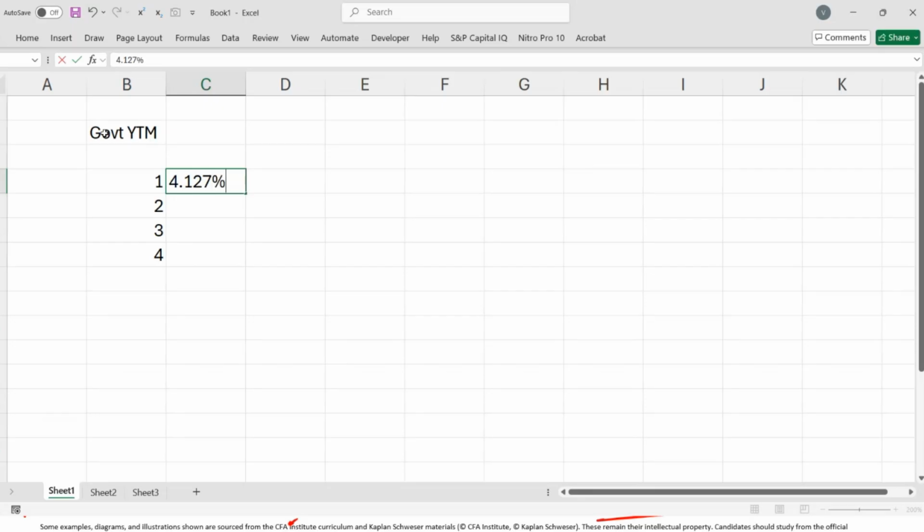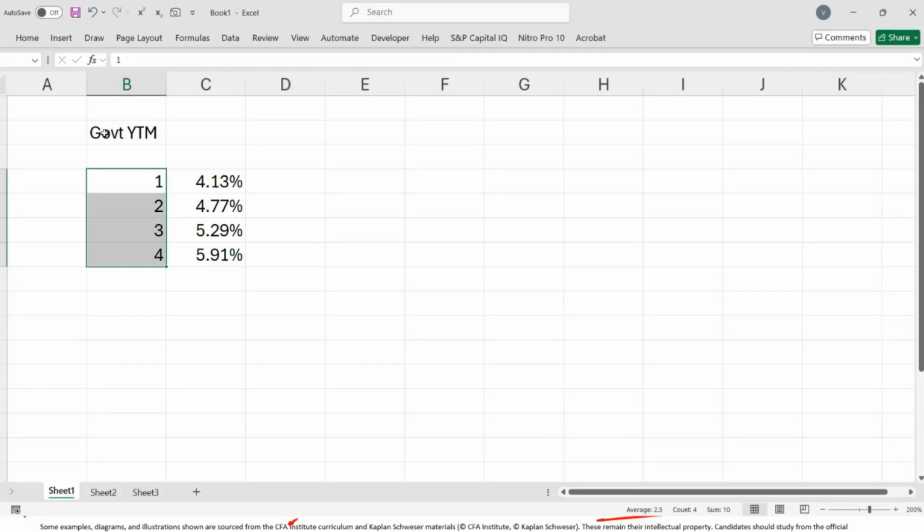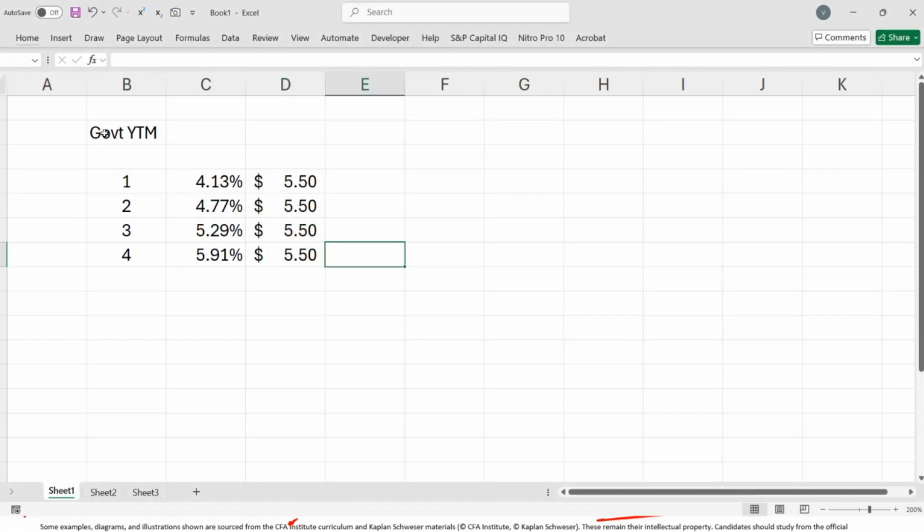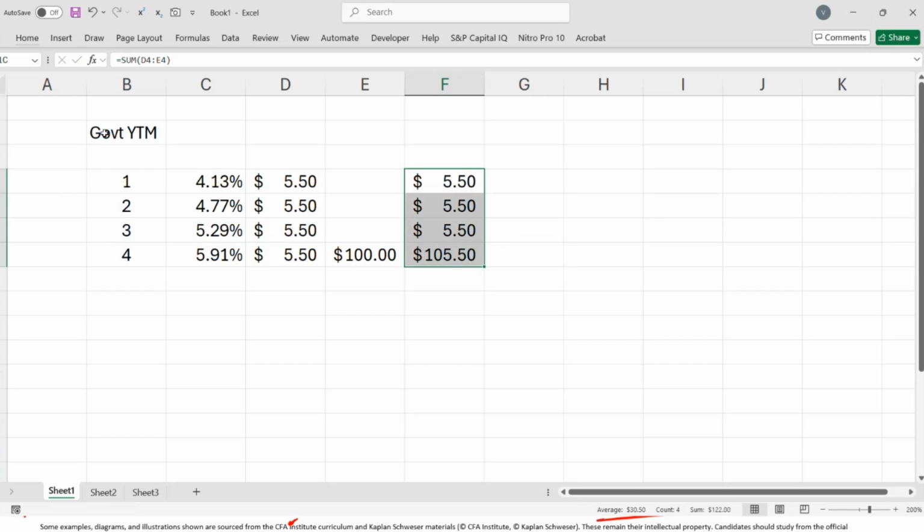This I think you will have to do largely manually because there are different cash flows. So there's no other way to solve this for now, I think. I'm going to get obviously $5.5 of cash flow from the government and I'm going to get $100 afterwards, which means my total cash flows will be these in year 1, year 2, year 3 and year 4.